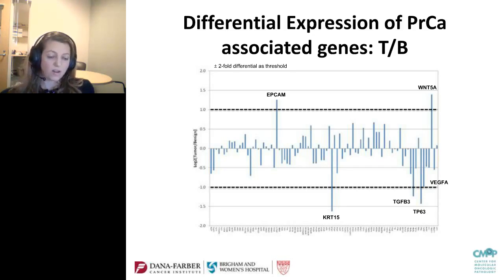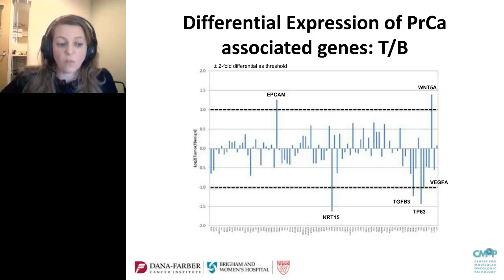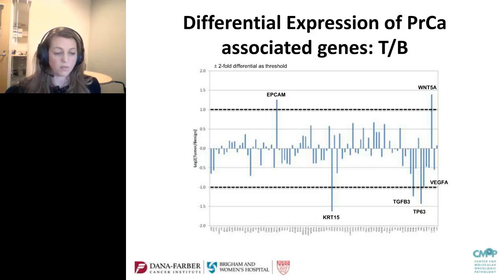Initially, to assess the quality of the data and if there were overarching themes around what's going on between the tumor and benign sample populations, we extracted the FPKM values for this particular gene set.